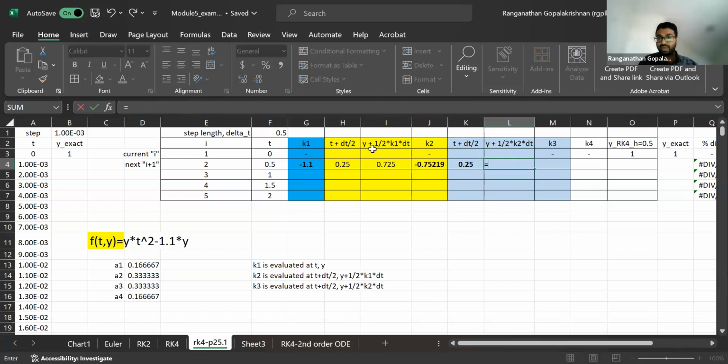So that is our Y, this Y from the current step, which is 1, plus half multiplied by whatever K2 is, multiplied by dt, and then you have to lock it.